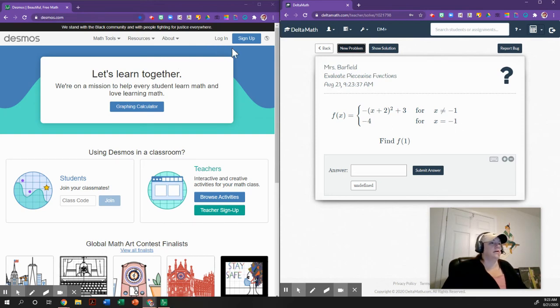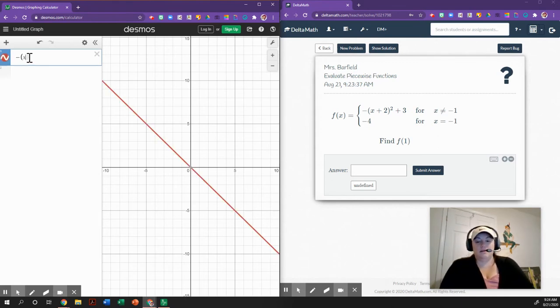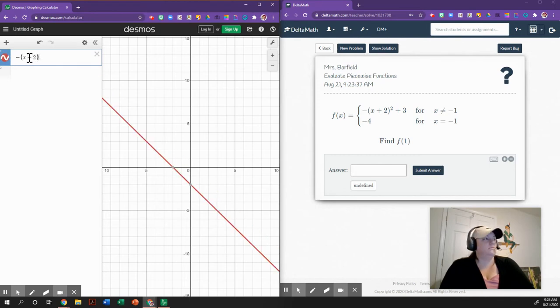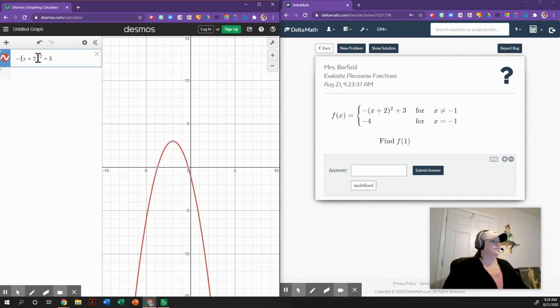That one's going to be a little interesting to type in, but we can do it. So negative parentheses x plus 2 and then exponent squared, and then plus 3.